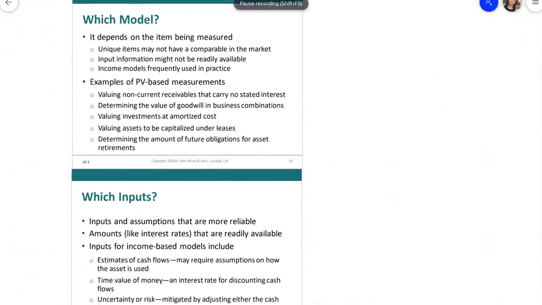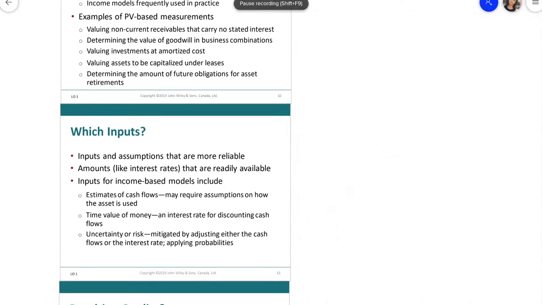That's what we decide on for that specific model. Now, when we think about an input, what are some of the inputs and assumptions that are made reliable? The inputs that you put in have to be reliable, and sometimes we use amounts that are readily available to us, and we're not estimating anything. This information is available to us.